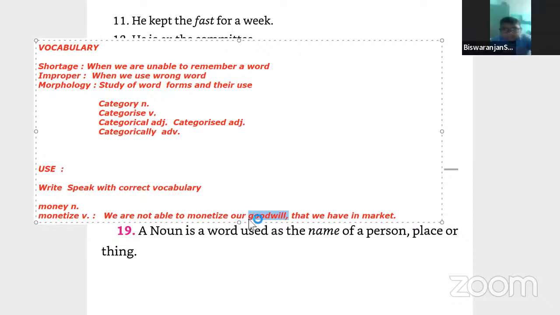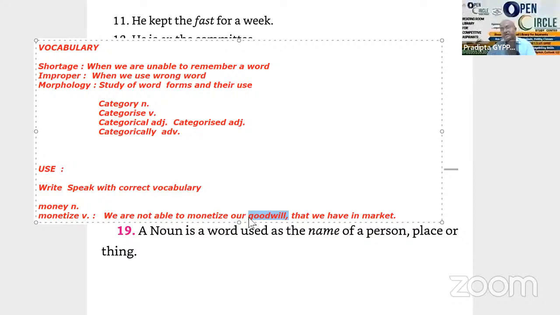Sir, better living. No, not better living. See, when you do any good work, people trust you, people like you. A goodwill is a kind of cooperative feeling, a healthy feeling where people have a positive opinion about you. Why do you buy any specific product?